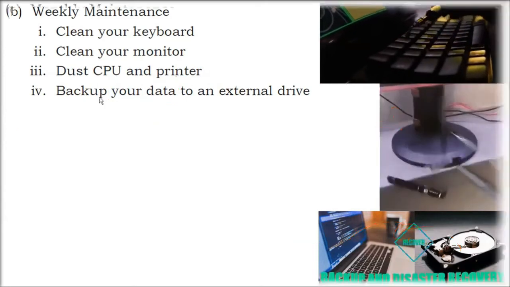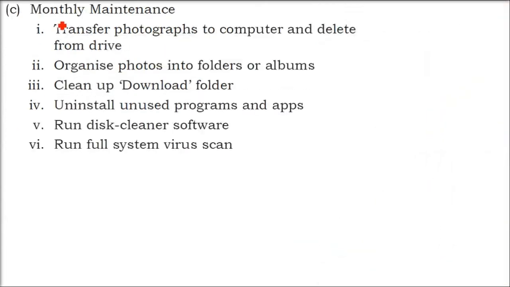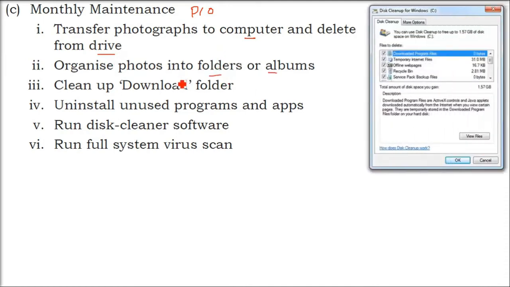When we talk about monthly maintenance, that is every 30 days, you might have a lot of photographs and documents, personal or official. Transfer them; don't just fill your drive. Organize photos into folders and albums.